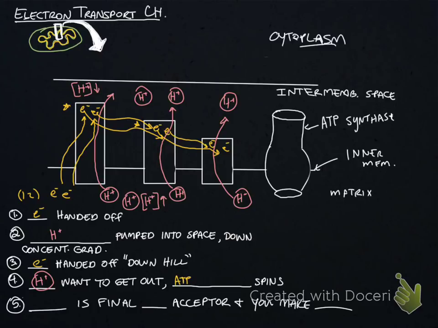This ATP synthase will spin, and it works like a water wheel, pushing these protons back out. So let's draw it like a water wheel, like you would see in a water mill, flowing, pushing water, the wheel being turned like if it was placed on a river.